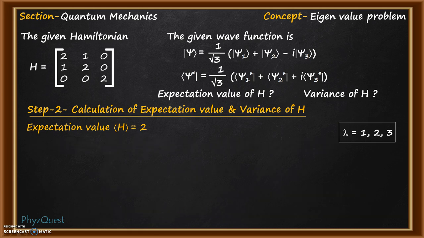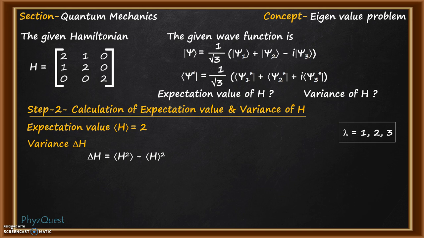Next is the calculation of the variance. Variance is mathematically represented as delta H squared, which is the difference between the expectation value of the square of the Hamiltonian and the square of the expectation of the Hamiltonian.